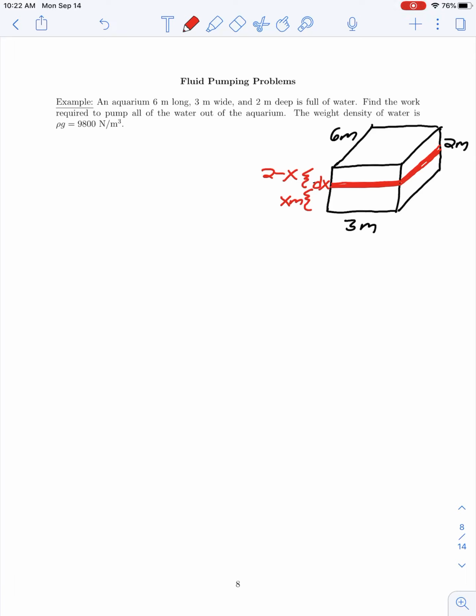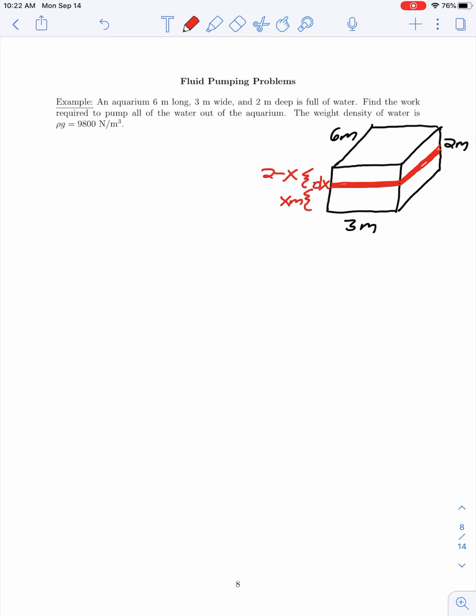The other question we need to address is the force needed to move that slab of liquid. What we're given here is the weight density of water, 9,800 newtons per cubic meter. So to get the force needed to move that slab in newtons, I need to determine the volume of this slab in cubic meters.